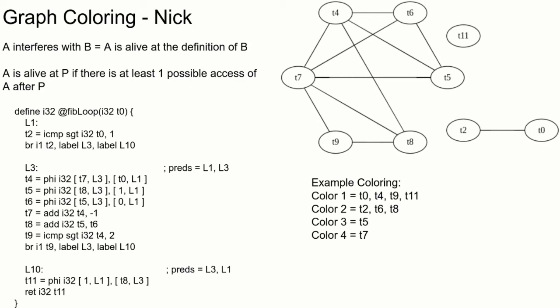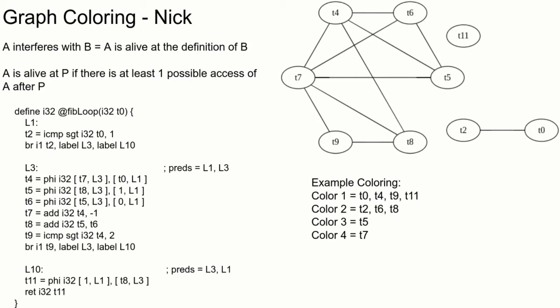The other nodes, the values t4 through t9, all have a complex interference graph, but you'll notice that certain nodes do not interfere with each other. So, for example, t4 and t9 do not interfere because t9 is down towards the bottom of that block of instructions and uses t4, but since t4 is never used after that point, it is fine that those values don't interfere. t6 and t8 also have similar values, because t6 is used by t8, but not after the definition.